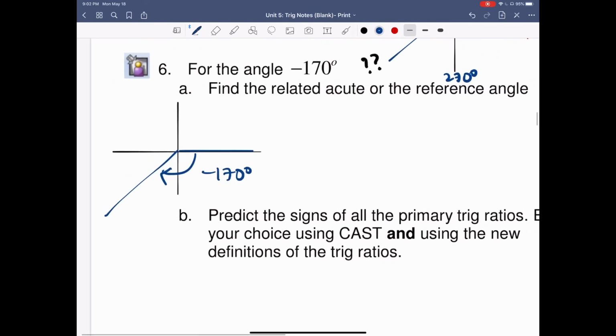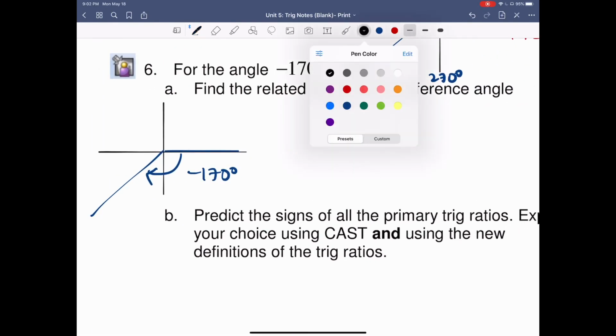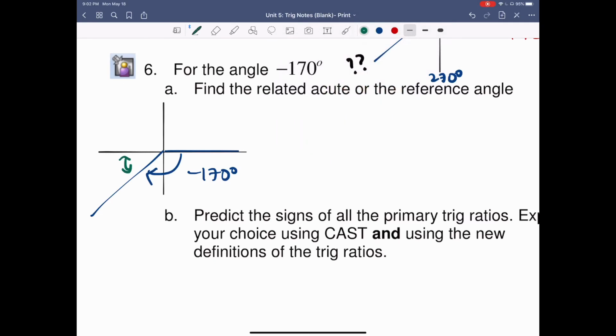They're asking me for the related acute angle, which is going to be 10 degrees. And how did I know that? Well, from here to here would be negative 180 degrees. And so this must be 10 degrees. Therefore, related acute angle is equal to 10 degrees.